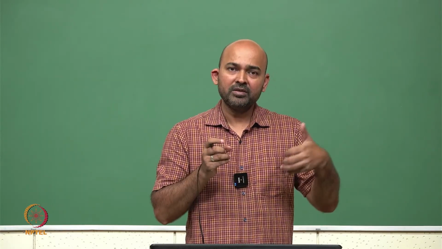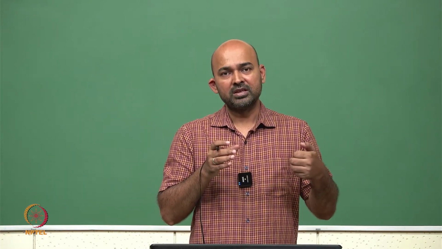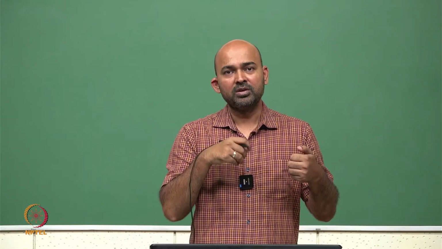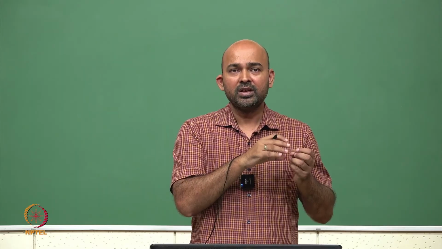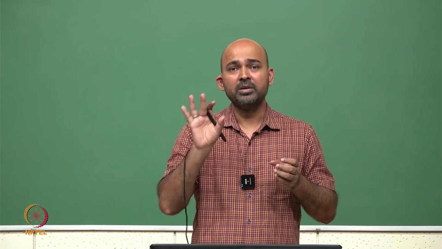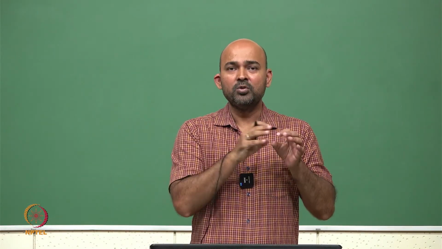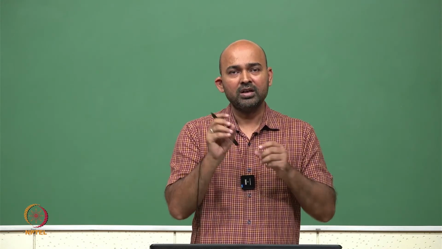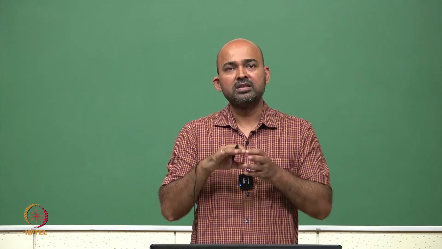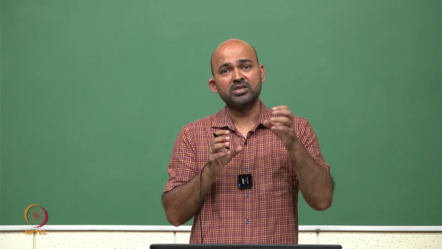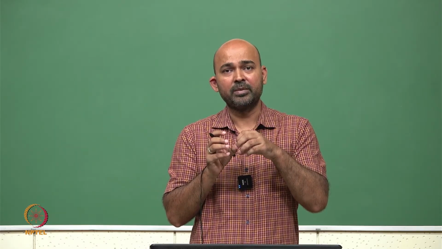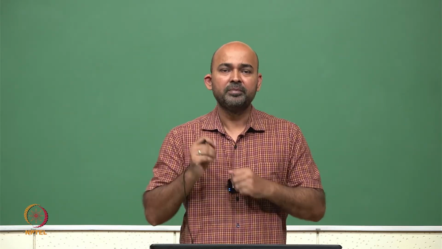Then the input pattern will come. If the input is such that the output should become 0, then the pull down network will turn on. If the input is such that the output should remain high, the pull down network will not turn on, and this output is still isolated. Whatever voltage, whatever charge it is having on the capacitor, that will remain there. So it will remain high.